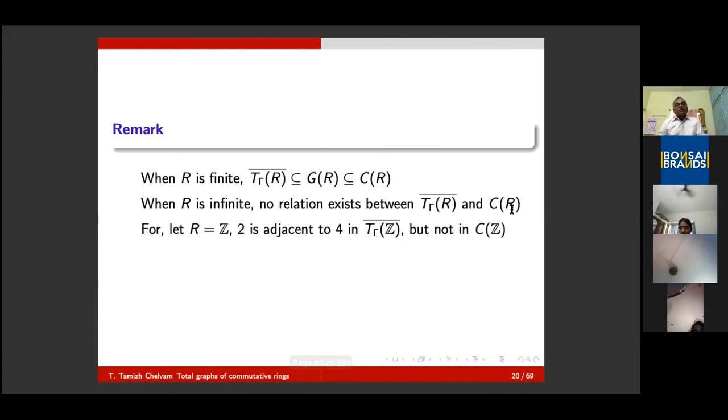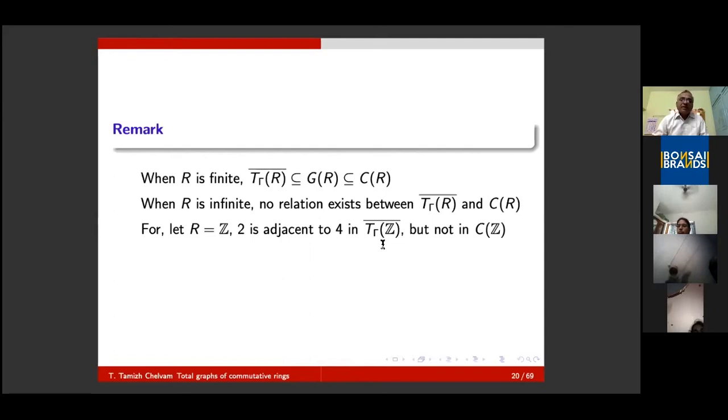For example, take the integers 2 and 4. 2 plus 4 is 6, which is not a zero divisor in the integers. Therefore, 2 and 4 are adjacent in the complement of the total graph. Please note that adjacency in the total graph requires that X plus Y must be a zero divisor.